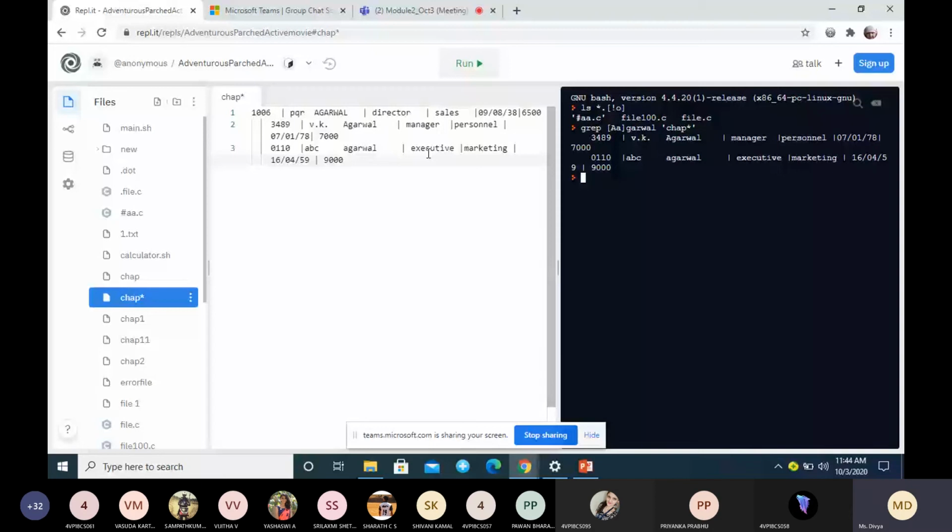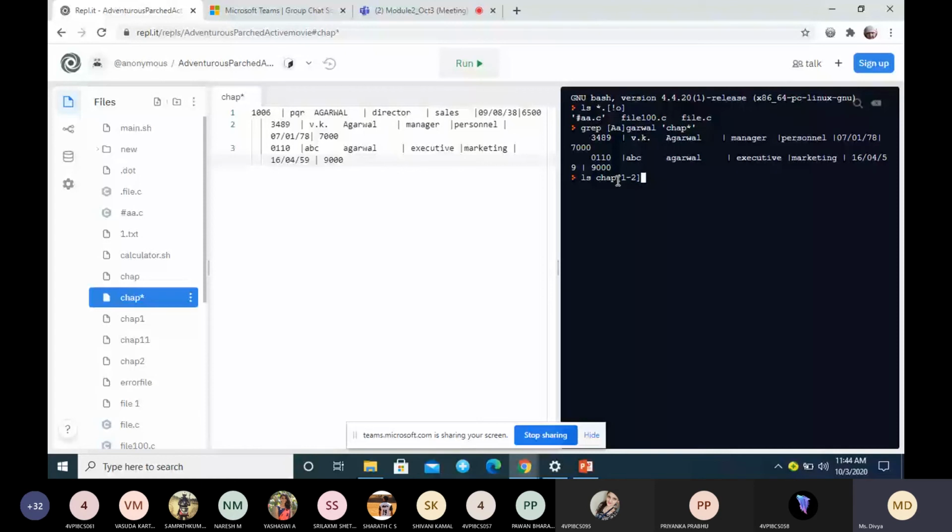To give one more example for character class: whatever you write in the square bracket is called a class. So this is one more, LS CHAP 1 to 2. Here we are saying that the first 4 characters should be CHAP, and the fifth character can be 1 to 2.